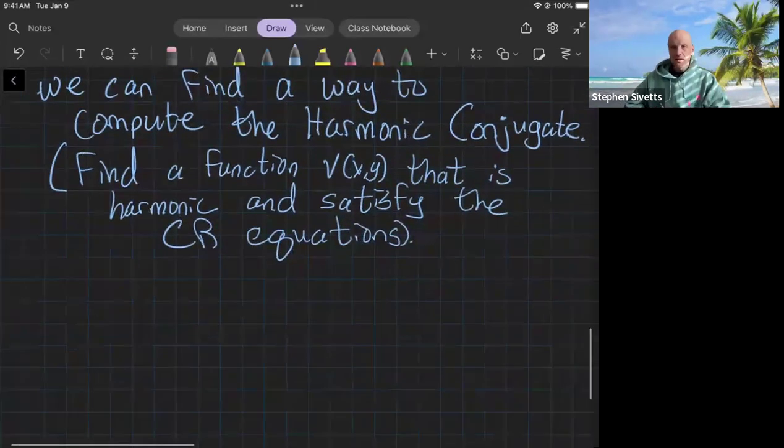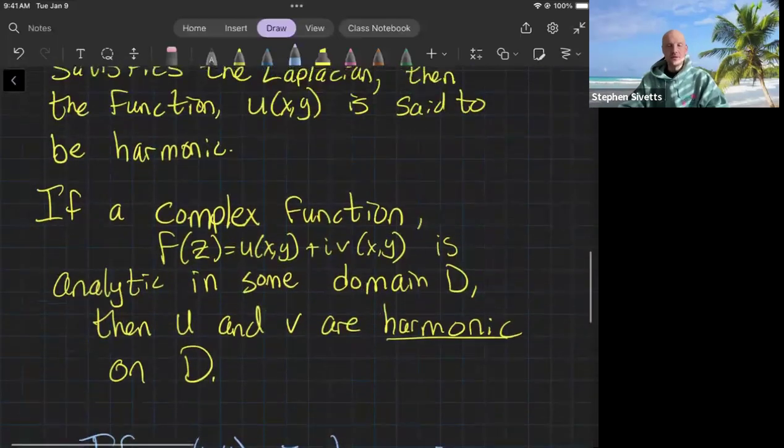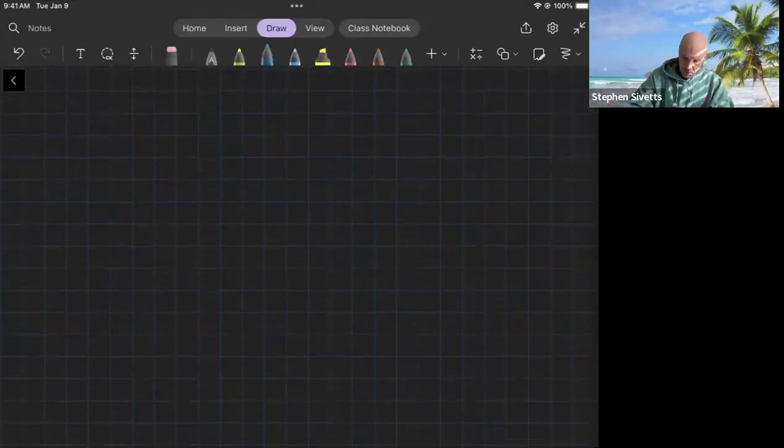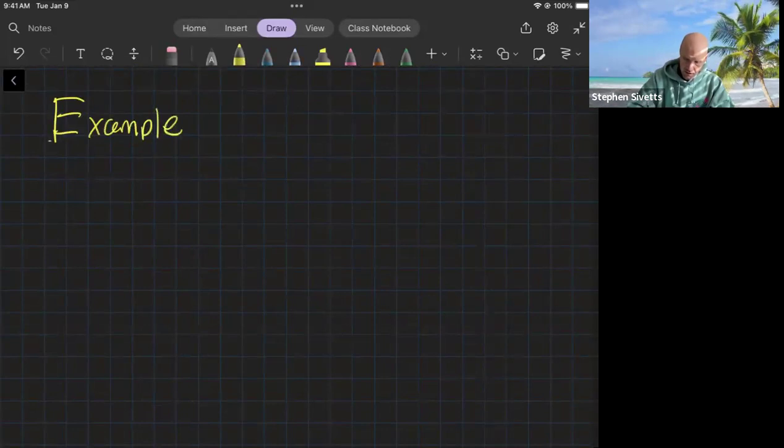That's what's called a harmonic conjugate. So that's an important thing to take note of. So let's look at an example on showing a function is harmonic and figuring out a harmonic conjugate.